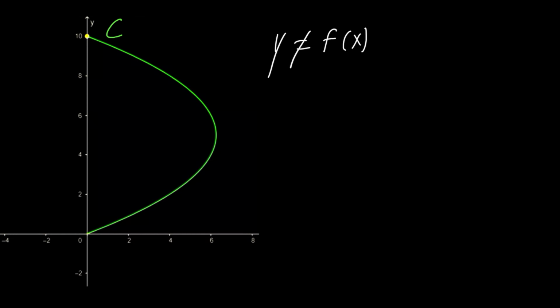Also, defining a plane curve in terms of x and y doesn't tell us where the object is at a given time. So we don't know 3 seconds into this bug's journey where the bug is here on this graph. We don't know. And also, there's no direction. We don't know where the bug started off and what direction it started walking in.